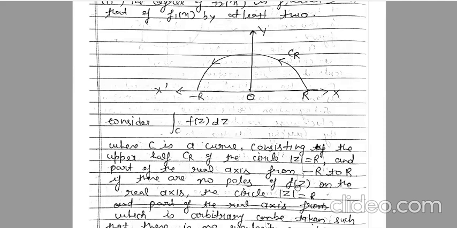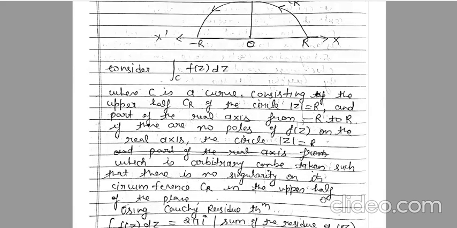If there are no poles of f(z) on the real axis or on the circle mod z equal to R, then R, which is arbitrary, can be taken such that there is no singularity on its circumference CR in the upper half of the plane.